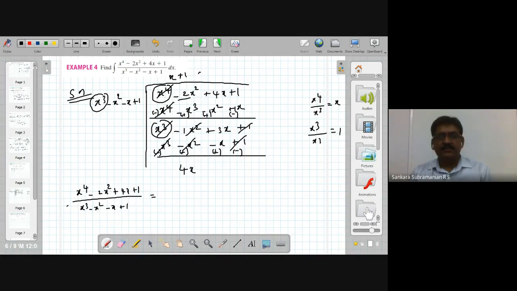This is q. This is r. This is the divisor. So the quotient is x plus 1, plus a remainder, which is 4x, divided by the divisor, x cubed minus x squared minus x plus 1.